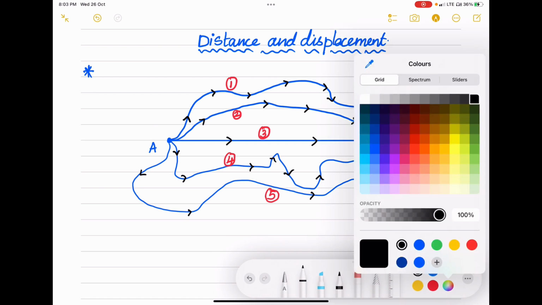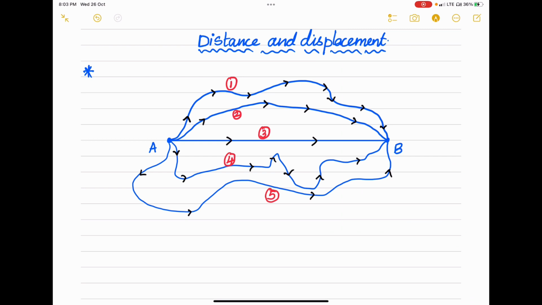So taking into account all these things, I would like to explain the key terms distance and displacement using this example.